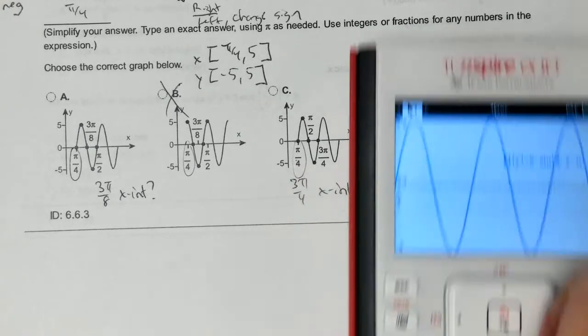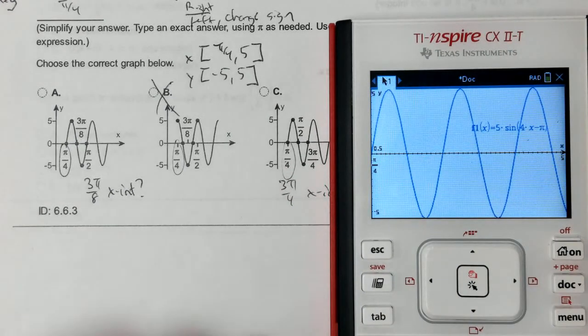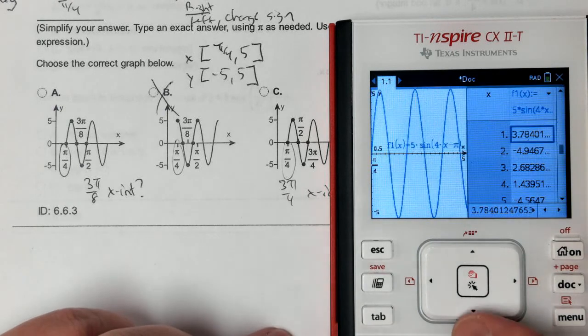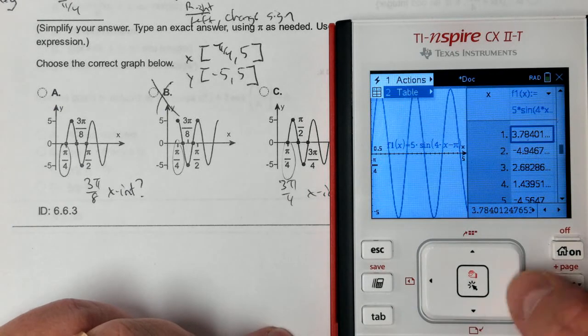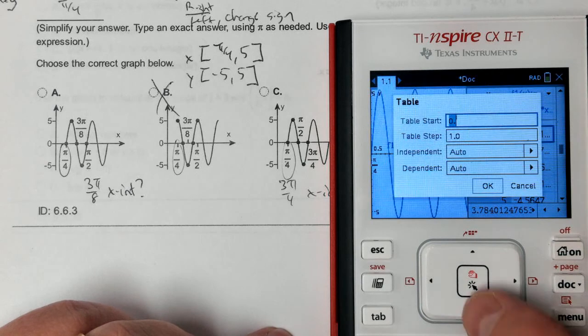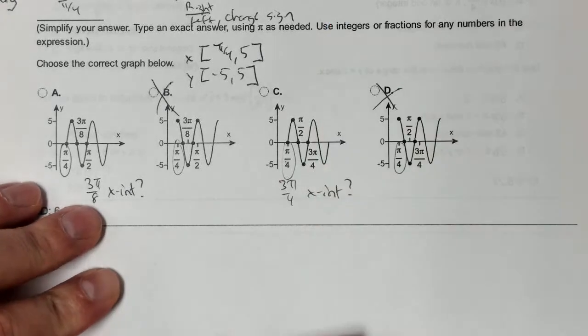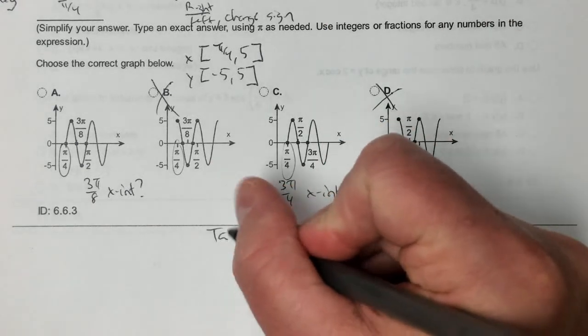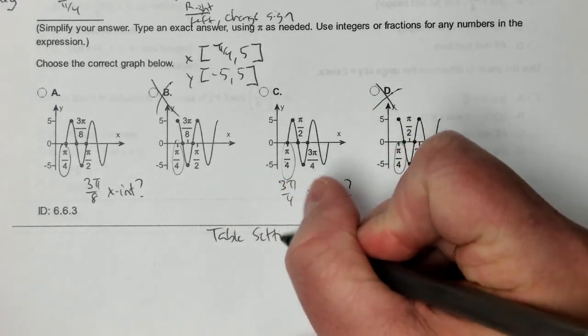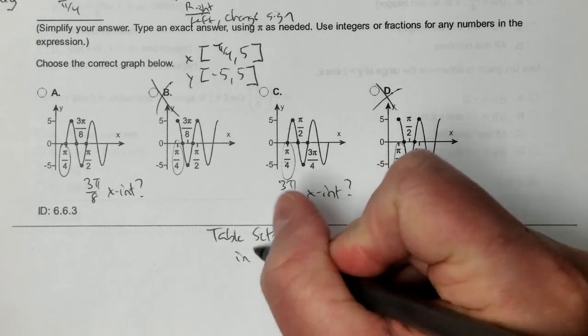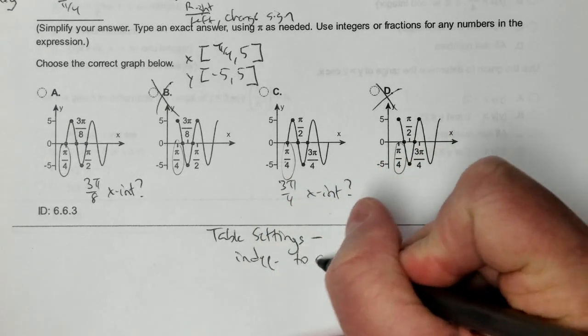So one way to tell is to go to your table, so Control T, go to your settings, and change independent to ask. So table, settings, and independent to ask.